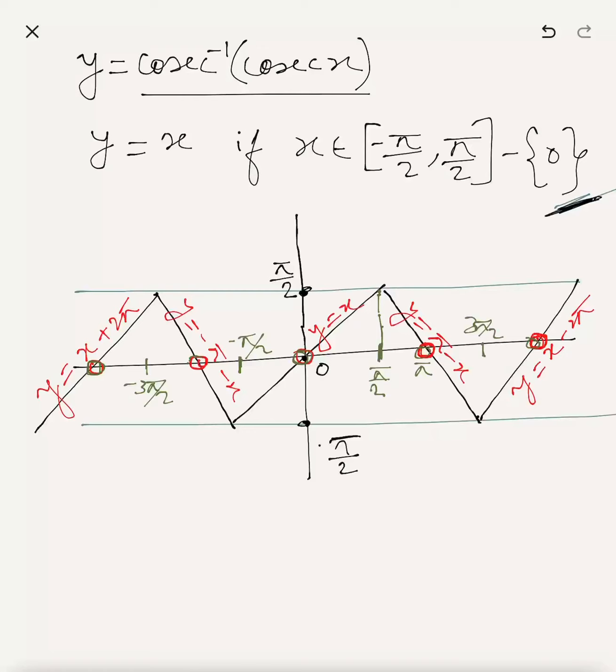Now let me tell you one more thing in this graph. You all have studied straight line, isn't it? There we have seen how to write the equation of straight line.